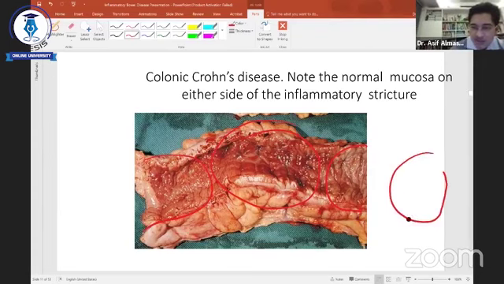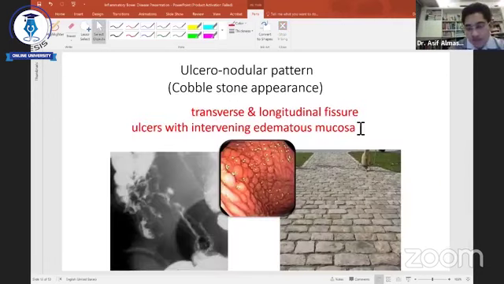So these are called skip lesions. Another thing you will see, we will discuss this a bit, is that they have deep ulcers and deep fissures, and in between there is edematous mucosa.